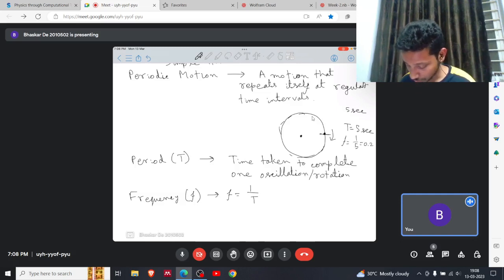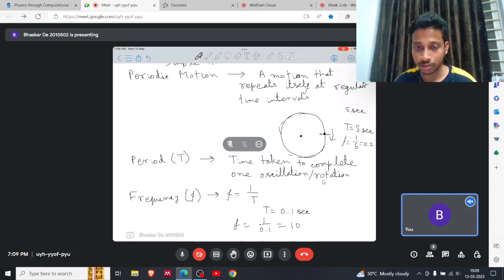But if T is something like 0.1 second, then the frequency will be 1 by 0.1, that is 10. So if a periodic motion has a time period of 0.1 second, that is, after 0.1 second the motion repeats itself, then the frequency will be 10 hertz.